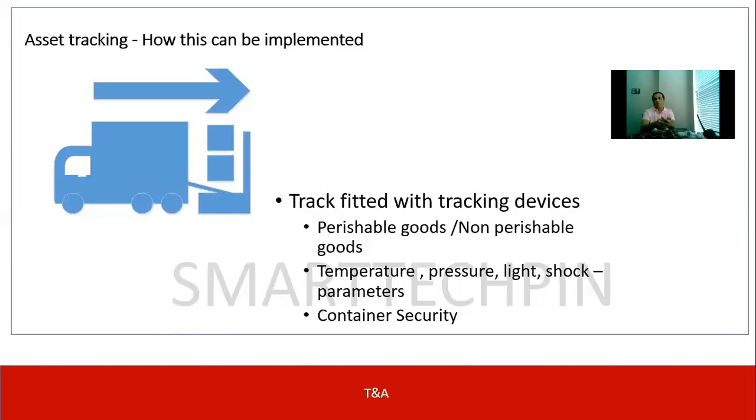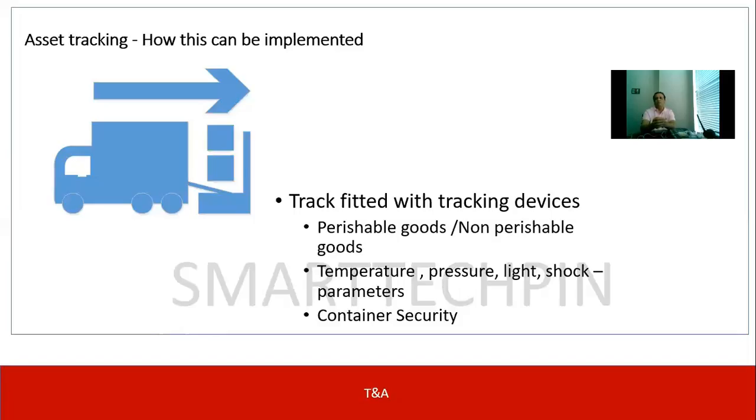information and shock information. There might be a need for a pressure sensor inside the container, where some goods are kept at a certain pressure, so you can monitor that. And there might also be certain items which need light within the container. So if the light goes off or if there's any failure in connections, you can keep a light sensor.